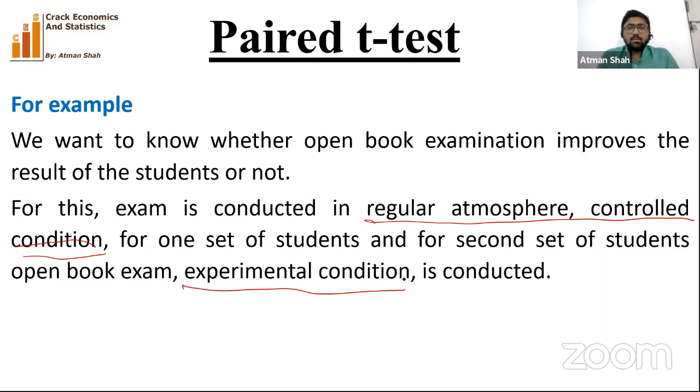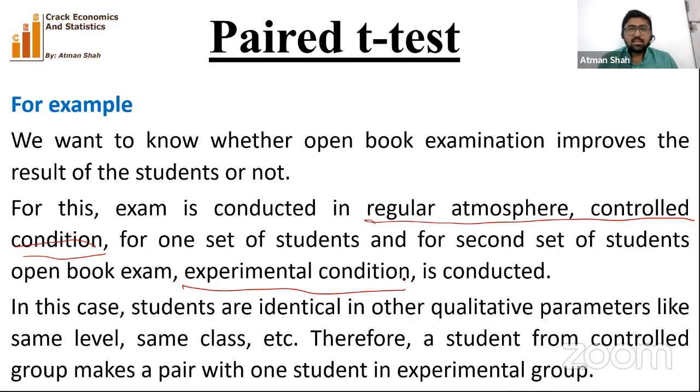So here, one student from the first set, the controlled condition, is uniquely associated with a student in the second set, which is the experimental group. And in this case, students are identical. This is very important.